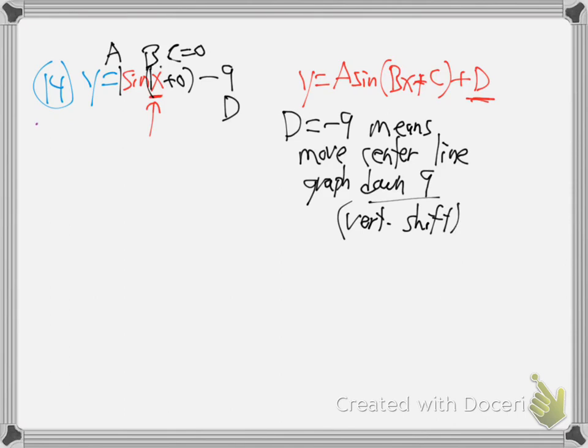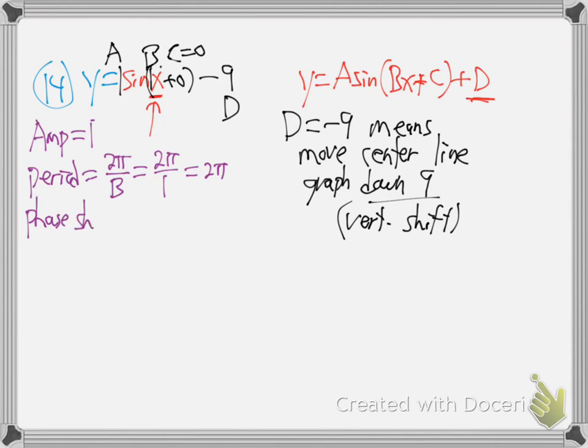So let's find the amplitude, period, and phase shift. What's the amplitude? 1. That's just the A. Period is 2 pi over B. B is 1, so it's just 2 pi. Phase shift is negative C over B. It's just going to be 0 again.